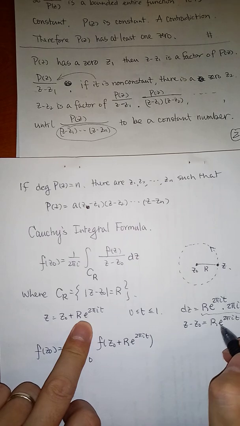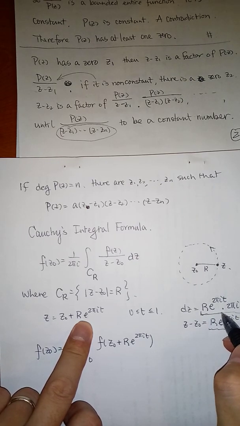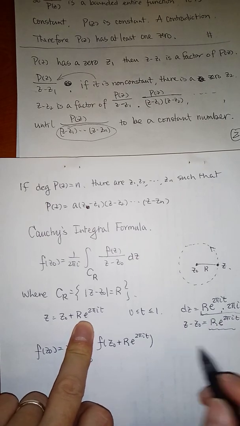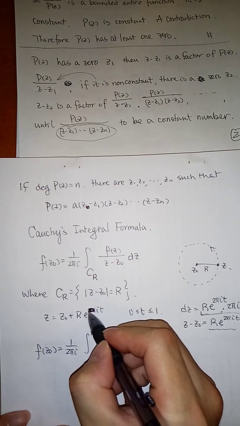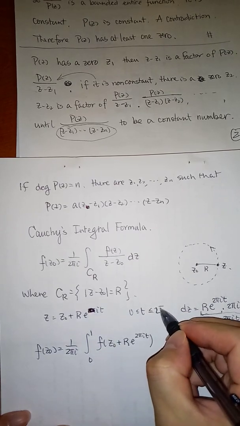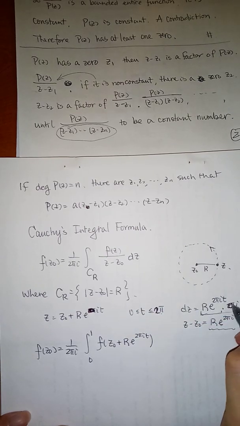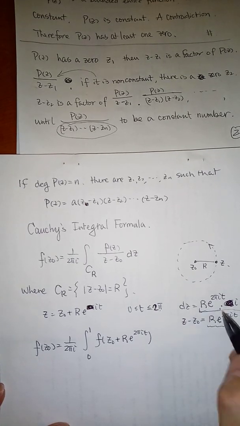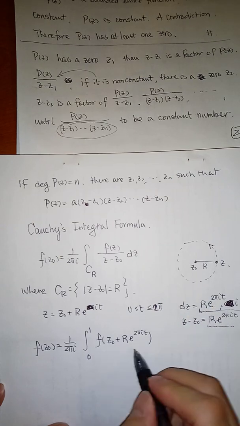This denominator is cancelled with the derivative from the differential, so you don't see the denominator.